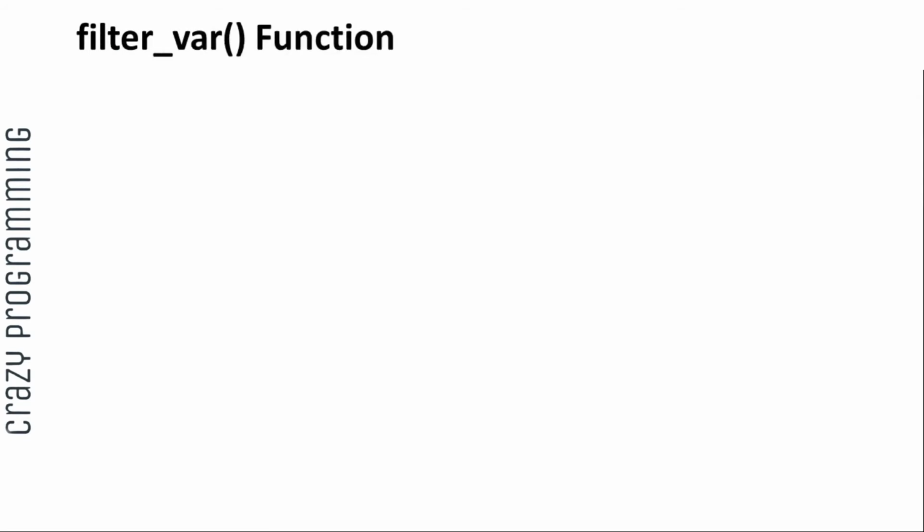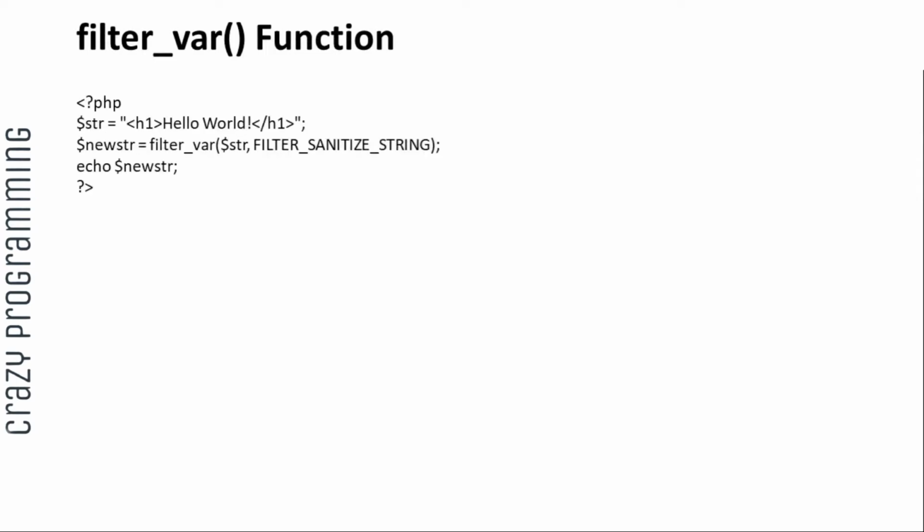Let's begin with the next one, that is the filter_var function. This is the example of the filter_var function. We started with PHP, and you can check I just used two variables. The first one is str.